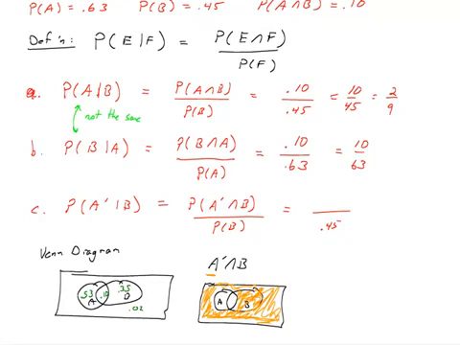Now B, I'm going to make purple. So when I shade in B, the intersection represents where both of those are combined. So where I have the purple and the orange is this region right here that I shaded in black.